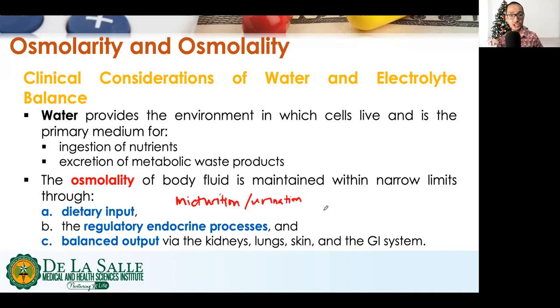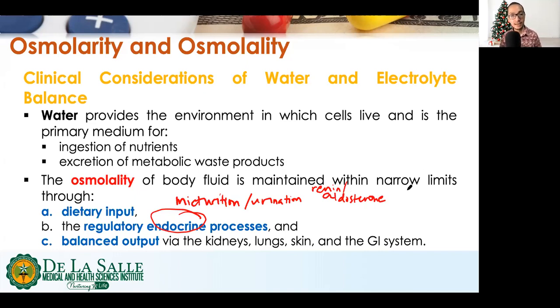Yung pag-ihi is actually controlled by endocrine processes, okay? Yung ating tinatawag na renin aldosterone system, okay? So this actually controls the amount of fluid that we will excrete, no? Depending on the number of electrolytes present in our body. Okay? Kasi if you are severely dehydrated, you will not actually try to excrete the fluid in your body anymore.